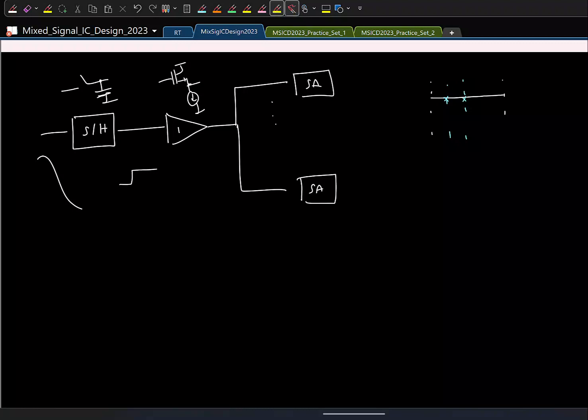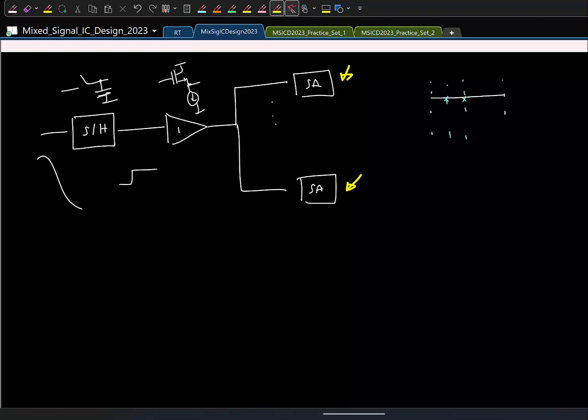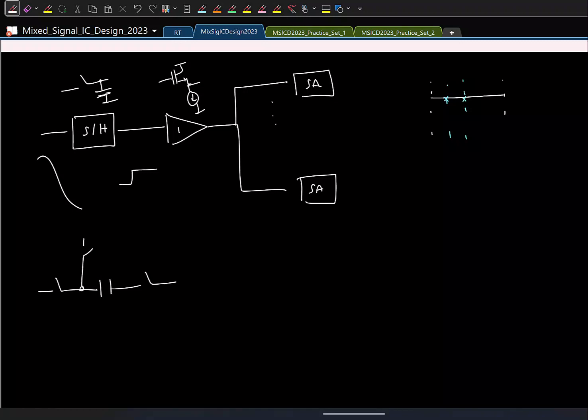So now, since the input is already sampled globally somewhere, there is no point in sampling the signal again locally in the strong arm latch, right? Because it's already sampled. It is not needed to resample the signal inside the strong arm latch. Right now what we are doing is this. In one phase we are charging the capacitor to the reference voltage, say in phase 2, and in phase 1 we are connecting this to the strong arm latch like this.